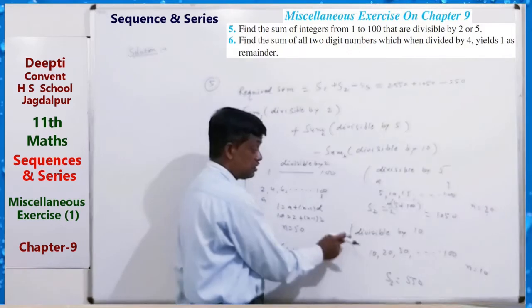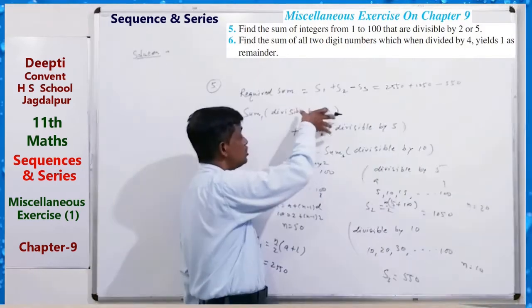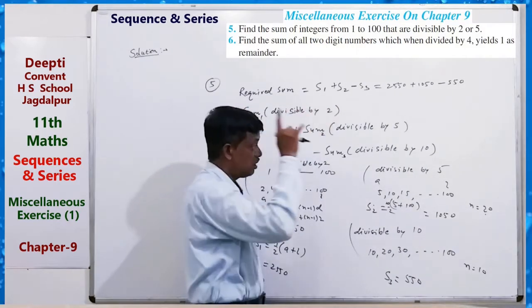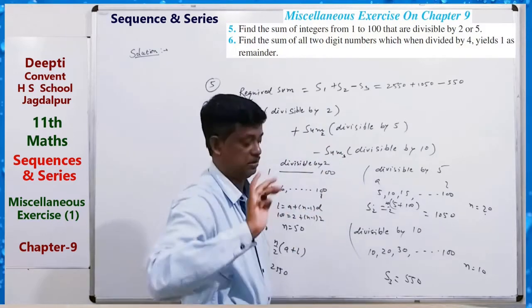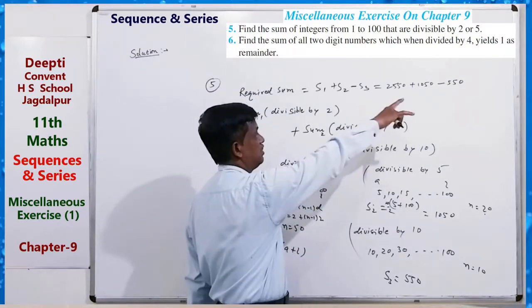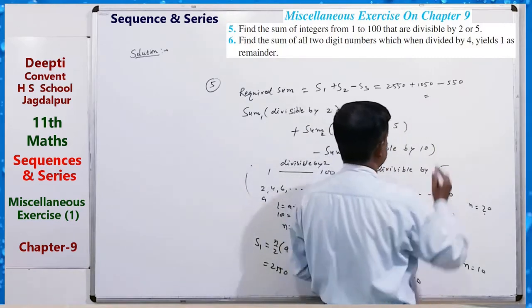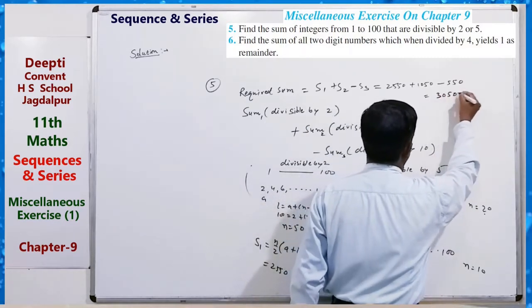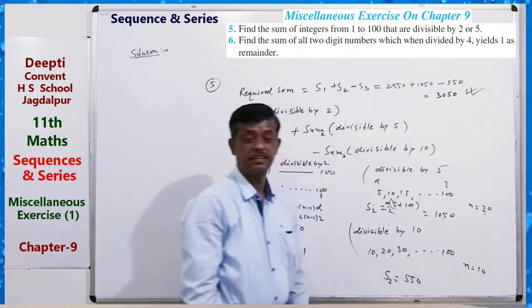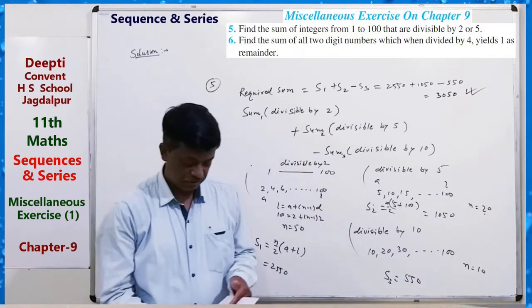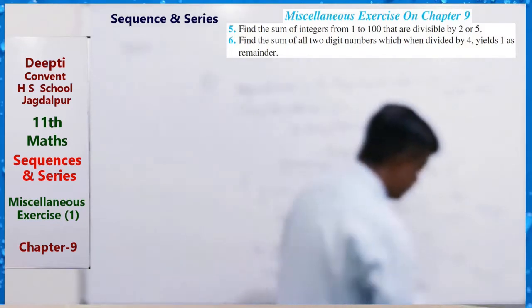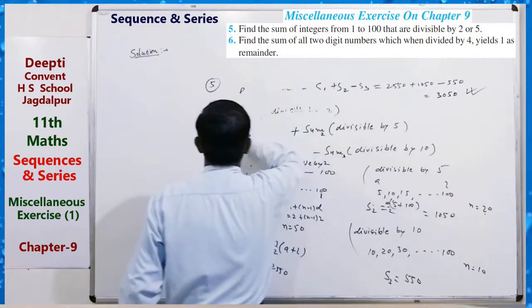So this number is included in the sum 2 times, so 1 time we have to subtract. So the result is 3050. This is our answer. Clear? Question 5 is this. Now, question 6.